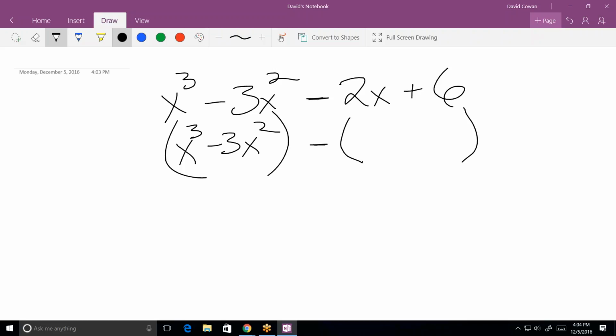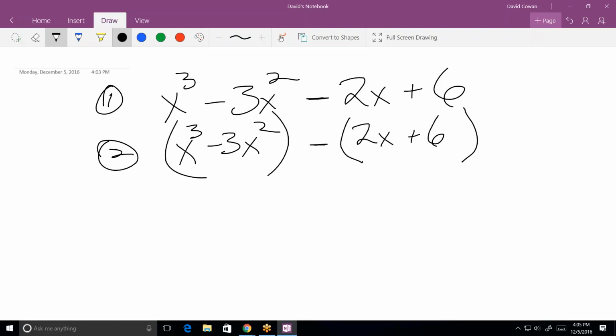What is it? 2x plus 6. No. That's different than what we're looking at. In other words, that was expression number 1. This is expression number 2. You have to make sure you do not change anything. We'll take expression number 2 and remove this second set of parentheses. What do you get?